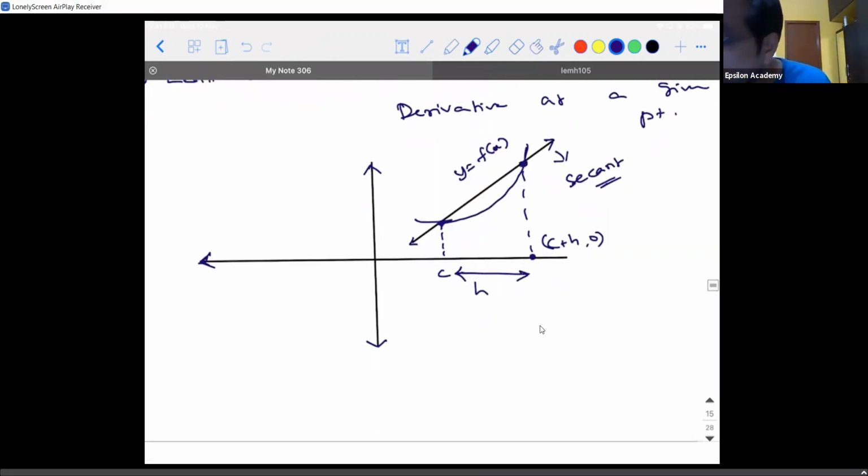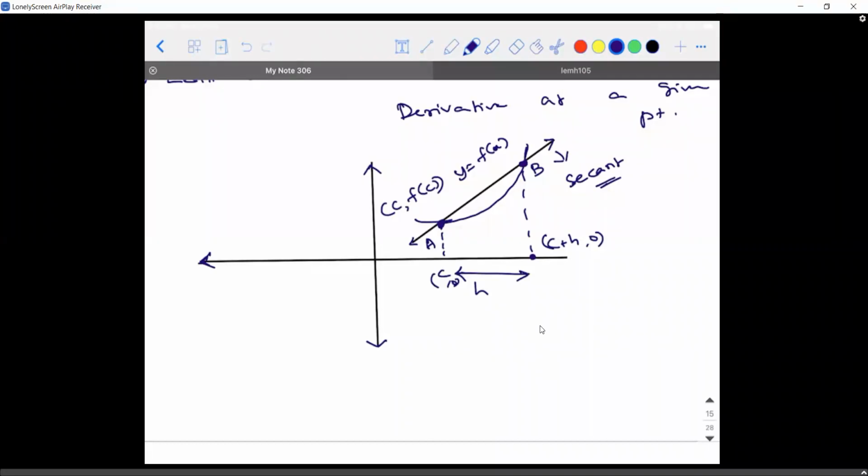Then what are the coordinates of the points on this graph? If I take this as A and this as B, what will be the coordinate of the point A? Is it not c comma f of c? Correct?